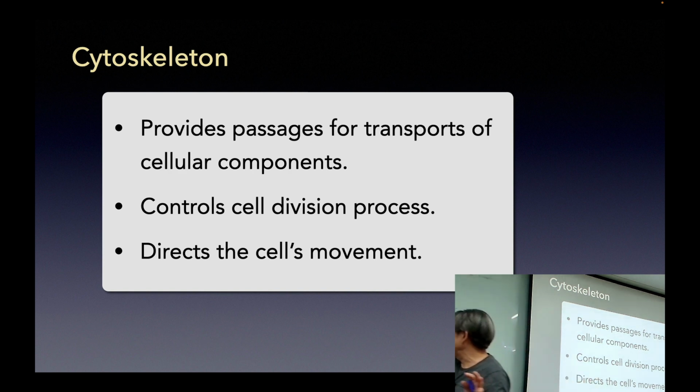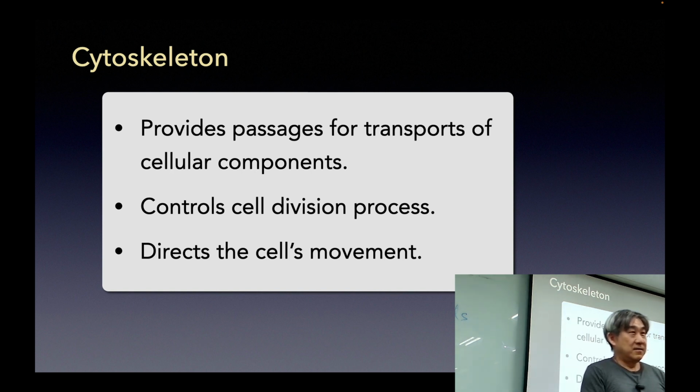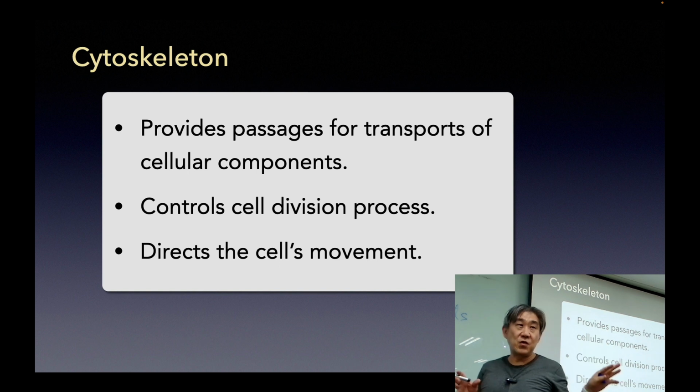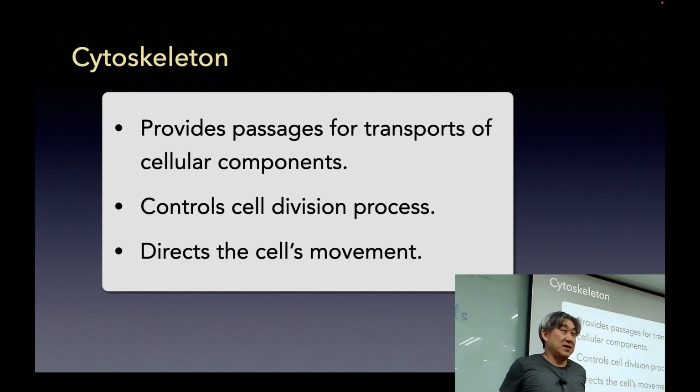The first R is roads. The spider web-like roads are actually aligned in each of our cells, all made by the lining of the cytoskeleton. So it functions as a road.